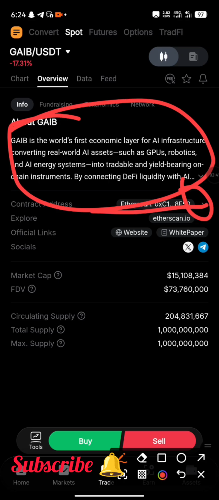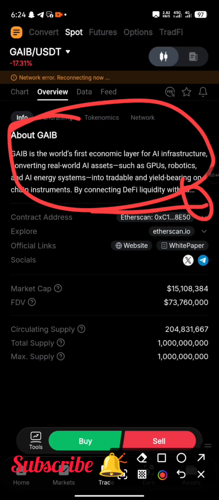Now let's look at the market cap here. The market cap here is over $15 million, and if it keeps increasing, you see it there, the moment a lot of people get into it.